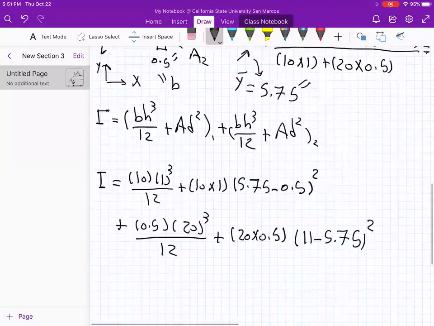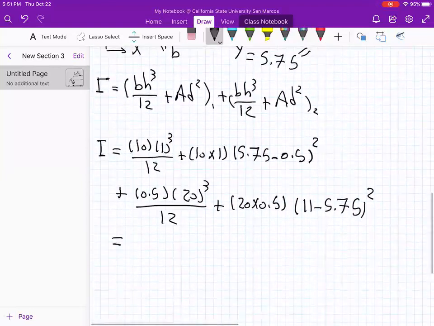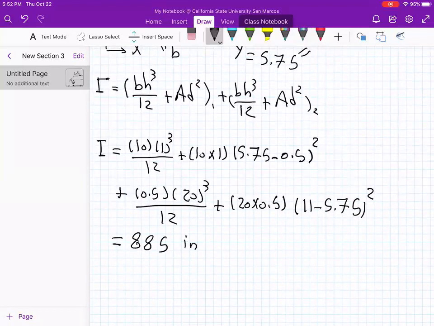So this distance is 11 minus 5.75, and then we can find the difference. That's D, right? So I would be 885. The unit, if you remember, is inch to the 4, right?